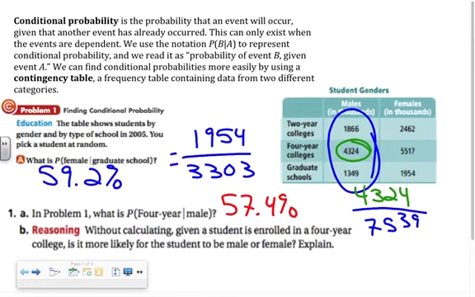Now it says without calculating, given that a student is enrolled in a 4-year college, is it more likely for the student to be male or female? According to our data, it looks like it would be a female.